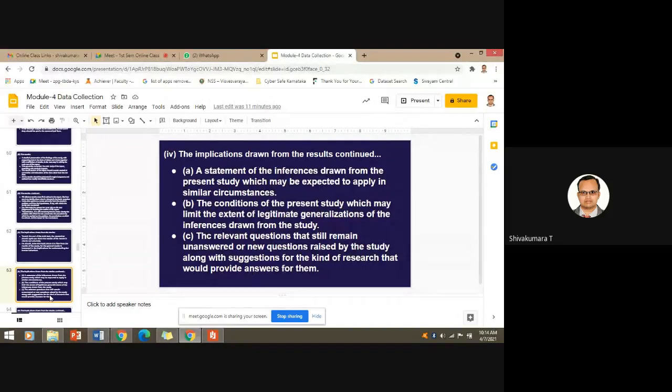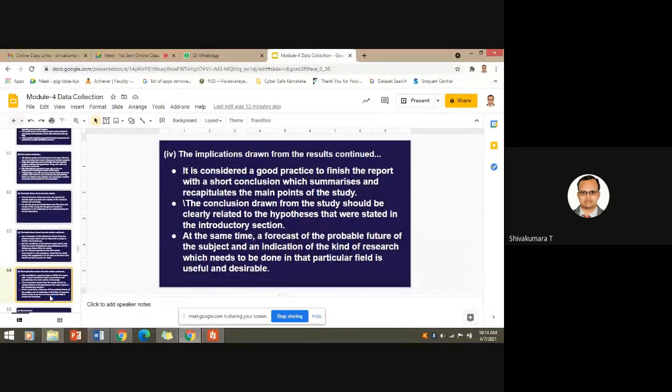That is called research. Suppose one person is ending his research now, the ending of that research is the new beginning of the new researcher, right? Research will always have a lot of questions to be answered.